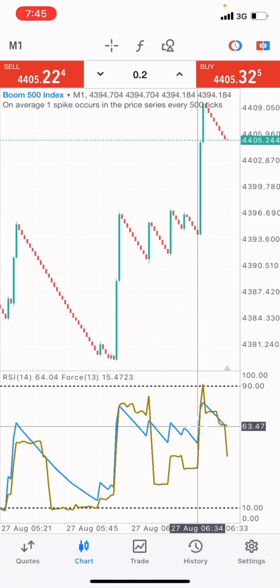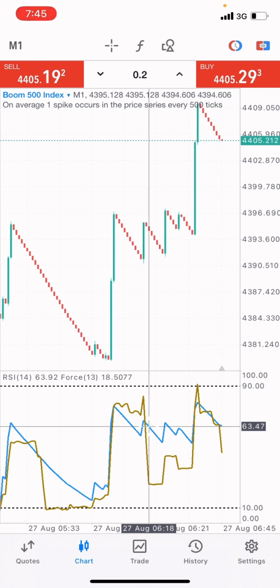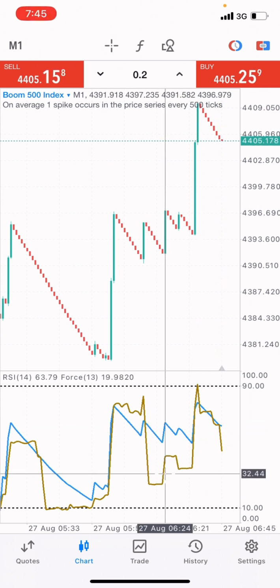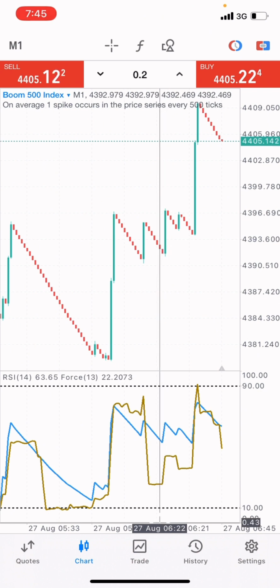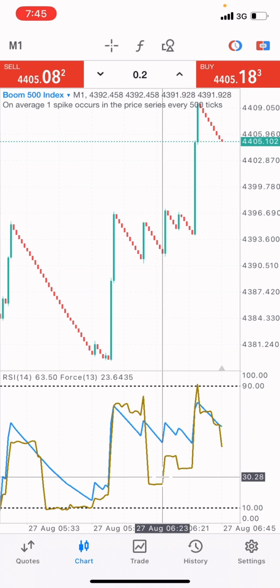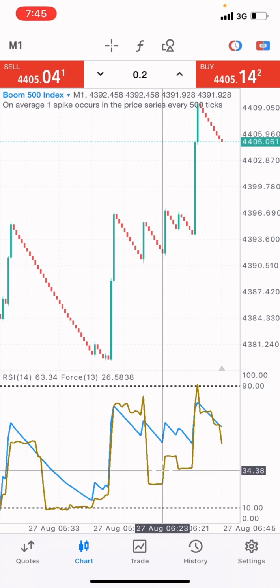Then when you want to catch a spike, immediately you see after the trend goes up, the Forex index goes up, okay, immediately that's an entry position for a spike if you want to trade to catch a spike on the Boom 500 index.